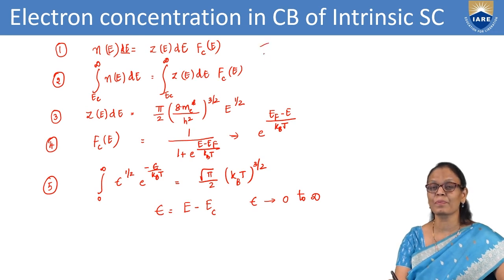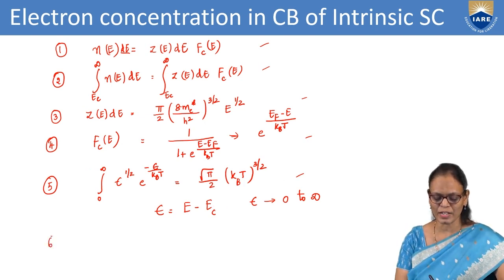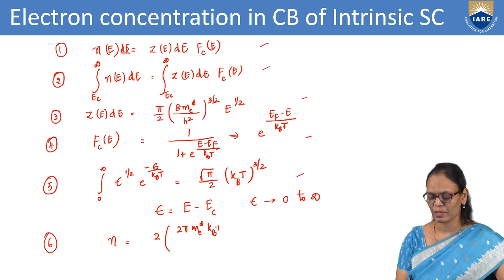If you follow these steps very carefully, then it becomes very easy to substitute and understand. The final result, the concentration of electrons, is given by 2 into 2 pi me kBT by h square power 3 by 2 into e power EF minus E by kBT.